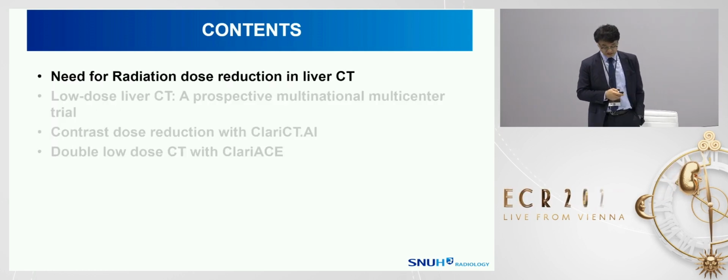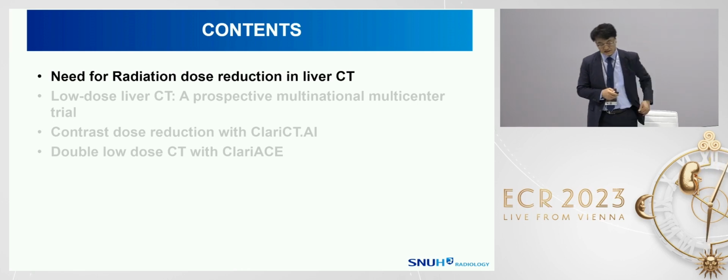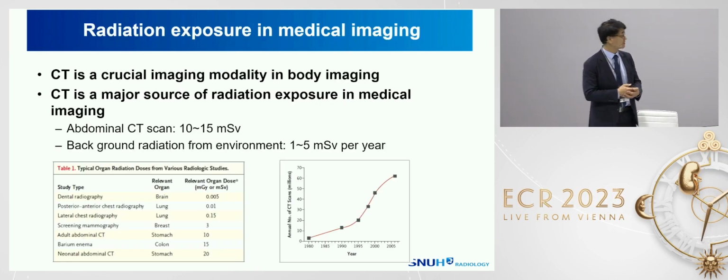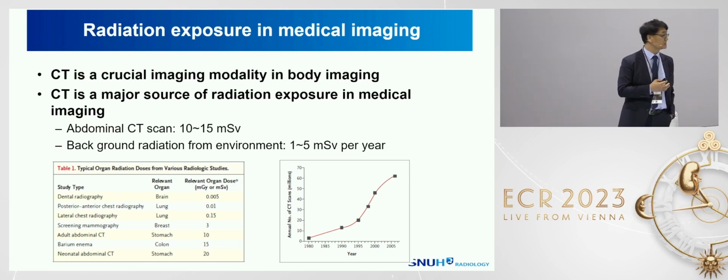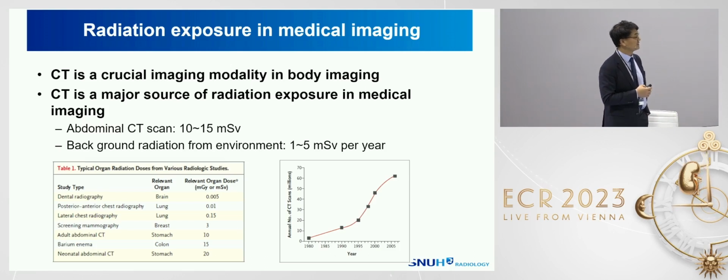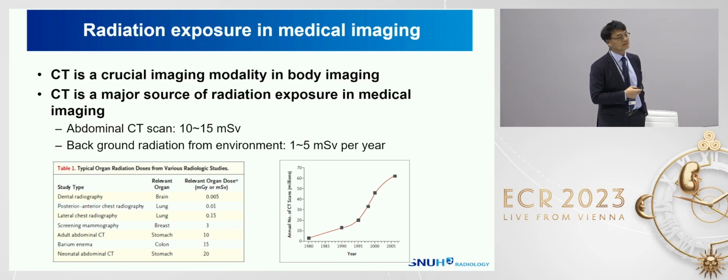First, I will acknowledge the clinical need for radiation dose reduction in CT. As you know, CT is a crucial imaging modality in body imaging, and also CT is a major source of radiation exposure in medical imaging. In this graph, you can see the rapid increase of the CT number, and for example, an abdominal CT scan usually consumes radiation exposure of 10 to 15 millisievert.